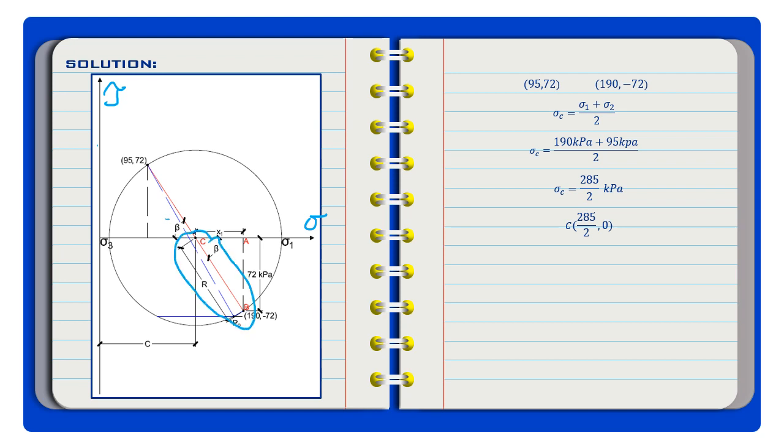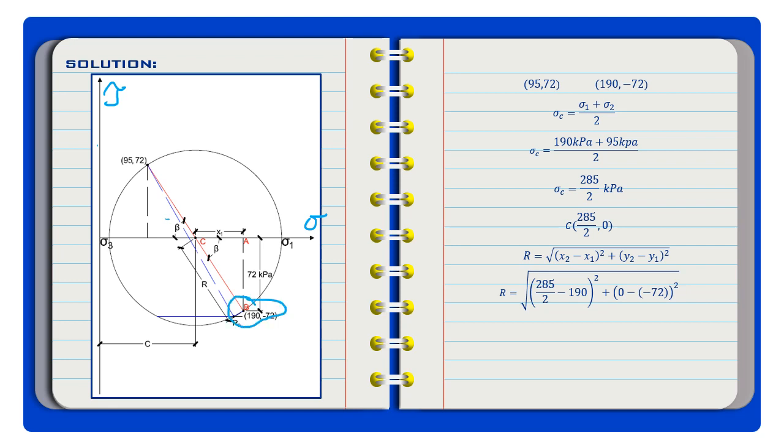For our distance formula, we will be using r is equal to square root of x sub 2 minus x sub 1 squared plus y sub 2 minus y sub 1 squared. So, i-square root natin yon so we can have the radius. Ang ginamit natin dito will be yung point na to at yung point na to.